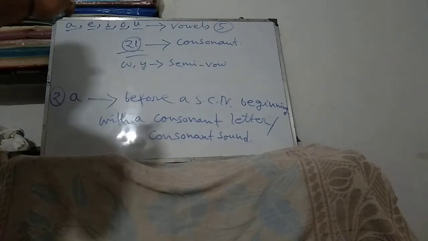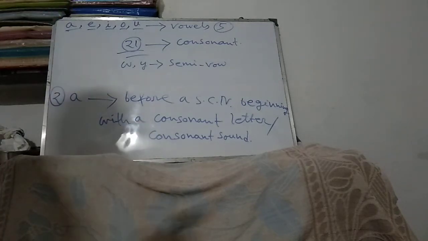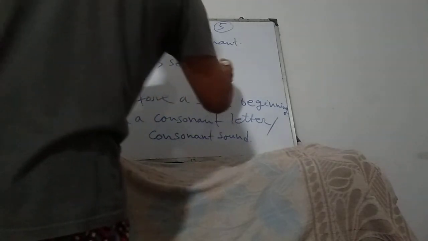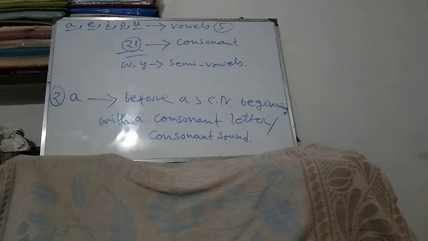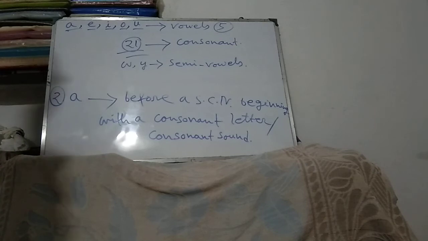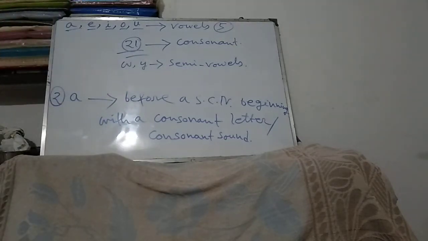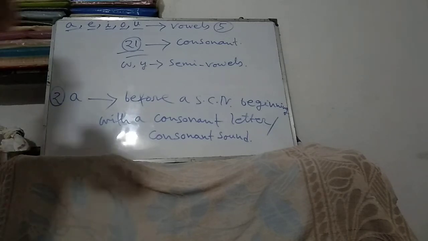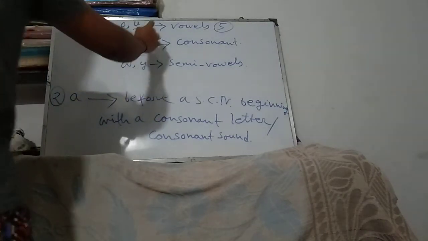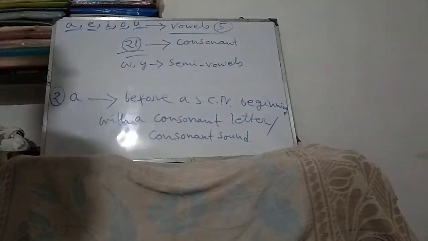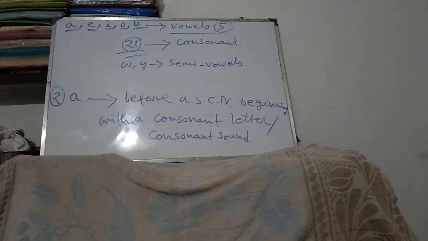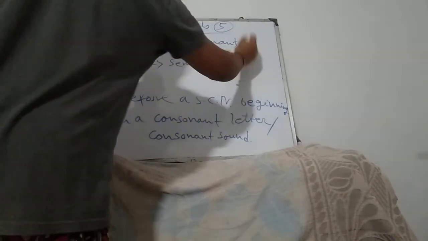That's why W and Y in some books are called semi-vowels. But totally you should remember that A, E, I, O, U, these five letters are vowels, and the rest of the 21 letters are called consonants. That's enough.